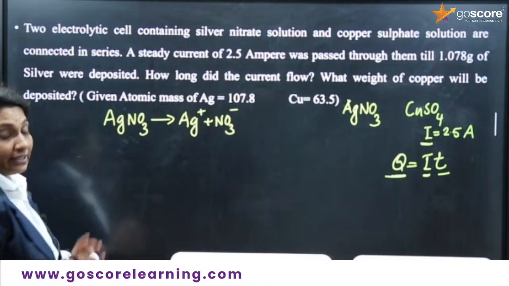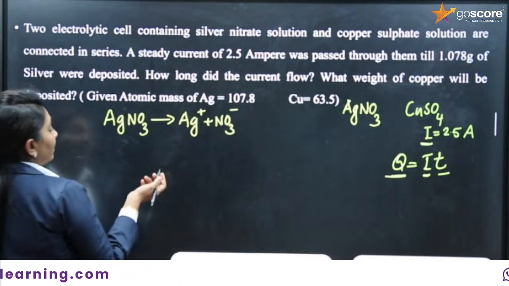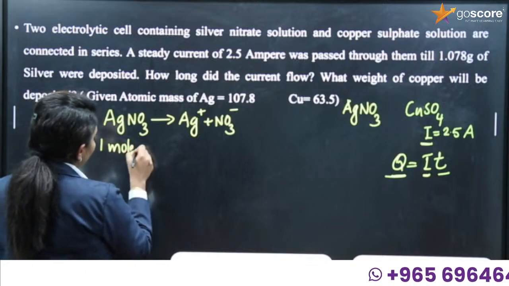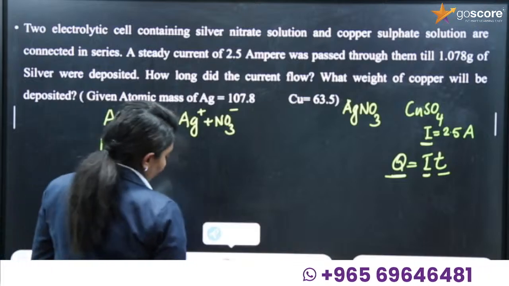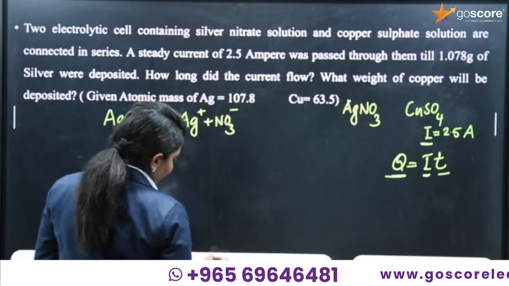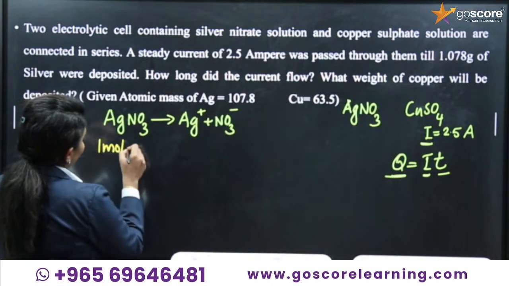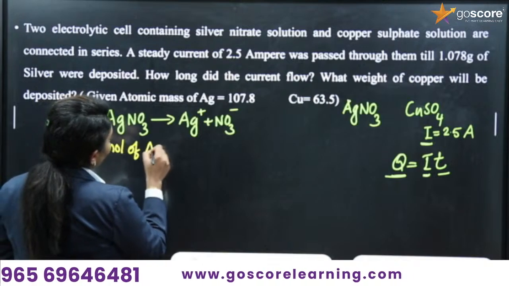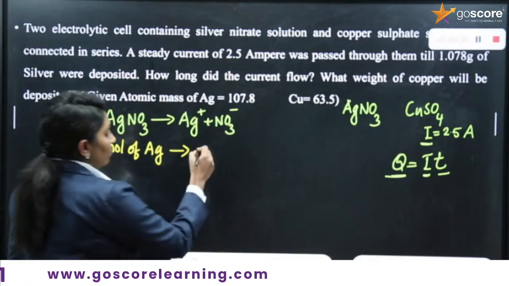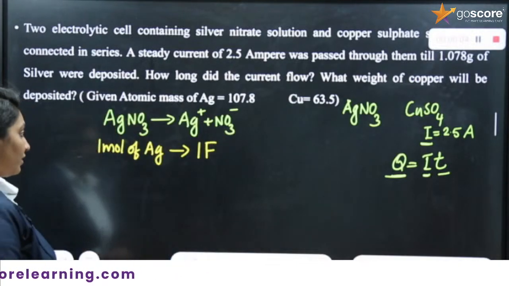So here only one electron is involved. So for 1 mole of silver, how much charge is required? 1 electron means 1 Faraday, right? It requires 1 Faraday charge.